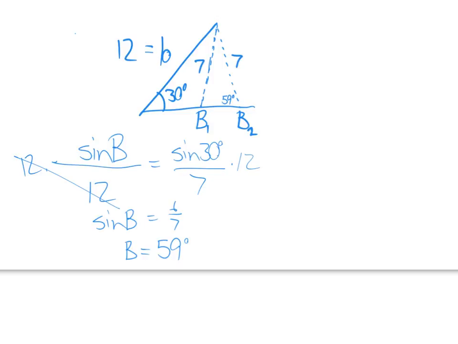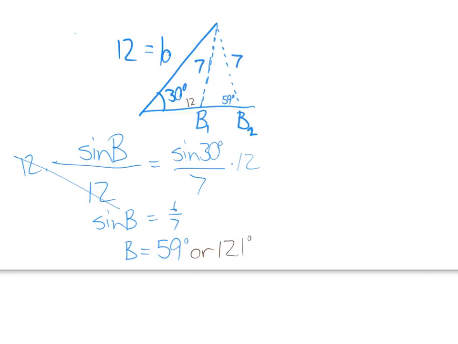But sine is positive not only in the first quadrant, but it's also positive in the second quadrant. If 59 were our reference angle, what would that other angle equal? 121 degrees. Well, guess what?